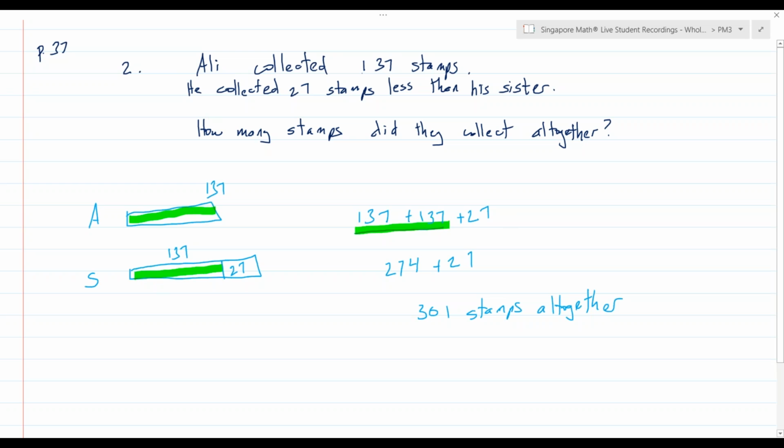Now, it doesn't hurt, and the book even suggests that you find out how much the sister collected first. So we could certainly say 137, add 27, that'll be 164. That's how many stamps the sister had. And then you could add 137 and 164. Not surprisingly, you'll still have 301 stamps.